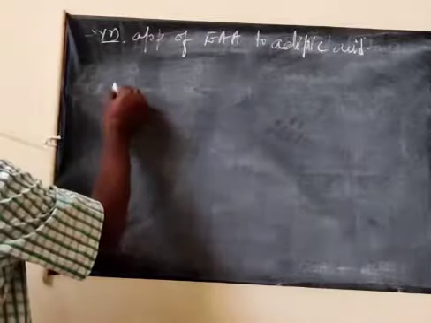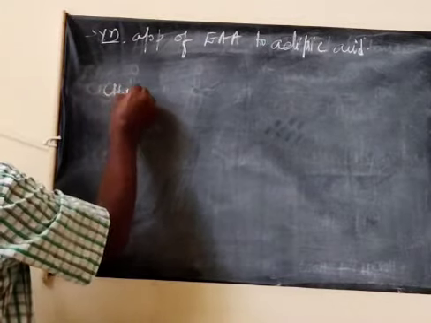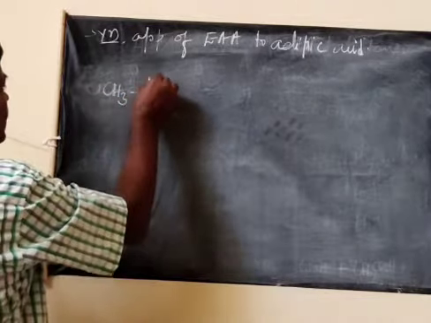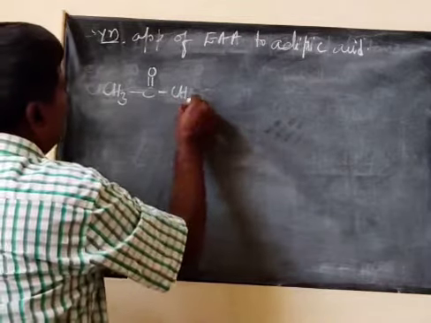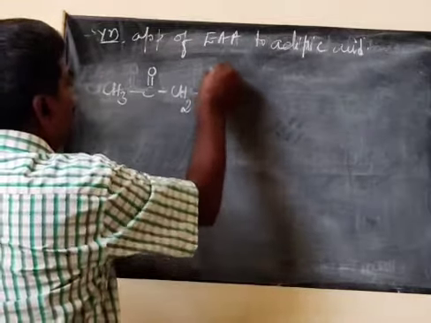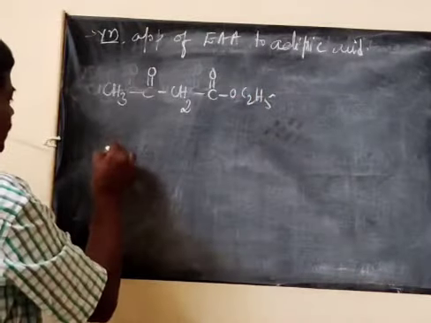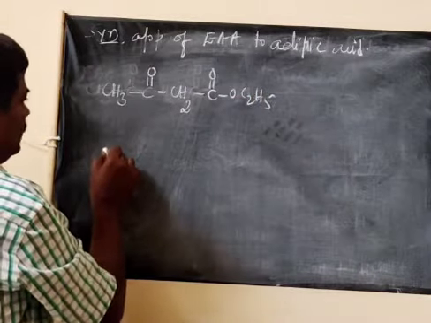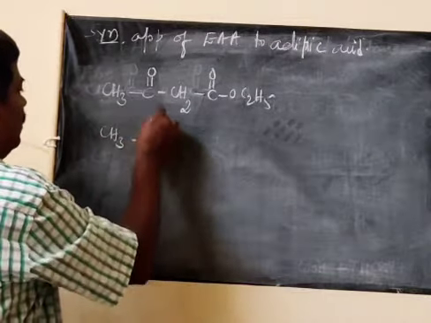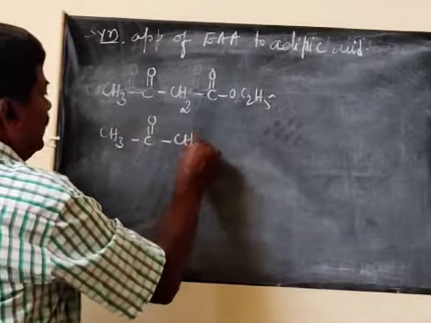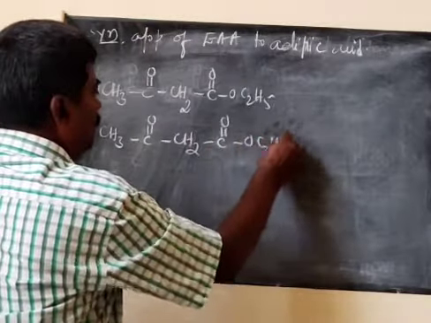See, CH3 C=O CH2 C=O OC2H5, 2 moles of this one, CH3 C=O CH2 C=O OC2H5.